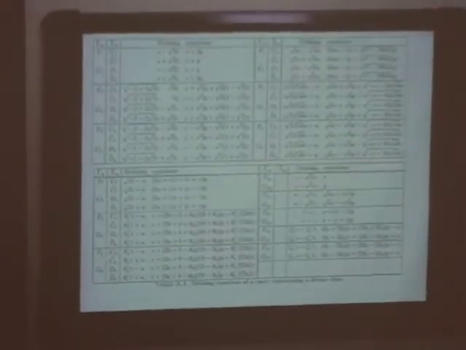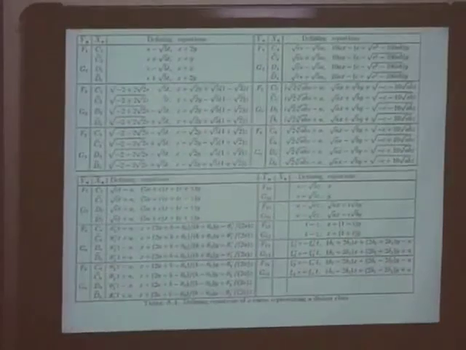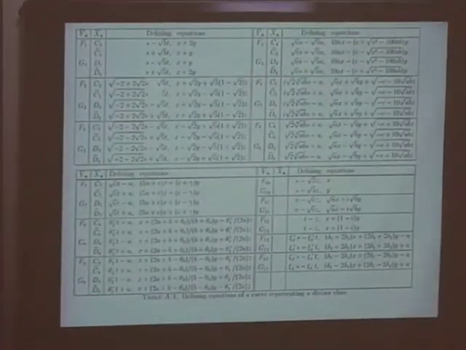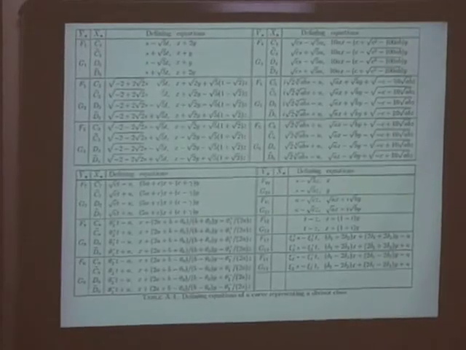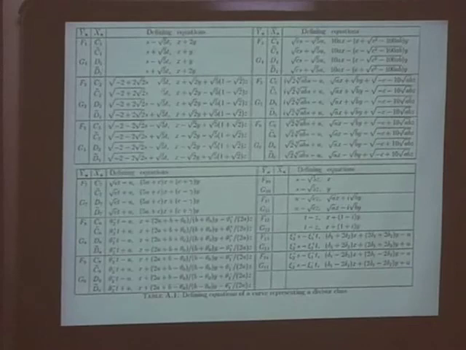Those are the ones that descend. So that gives you these 9 pairs, and then we compute those. It turns out that these curves do not generate the full Picard group, they generate an index 2 subgroup.